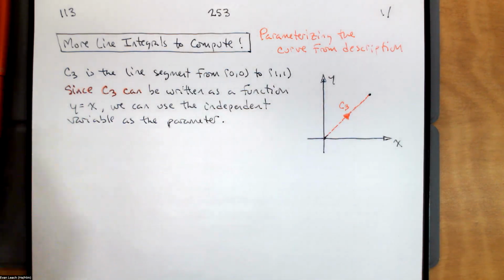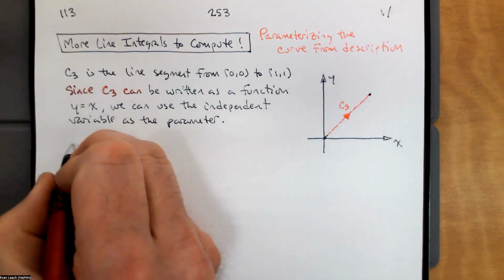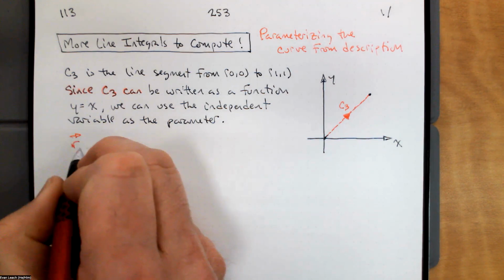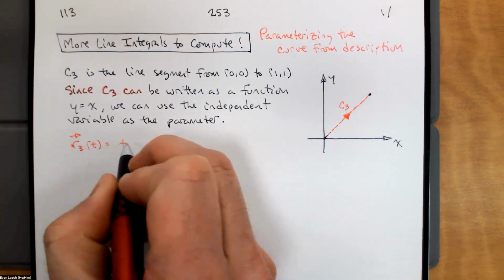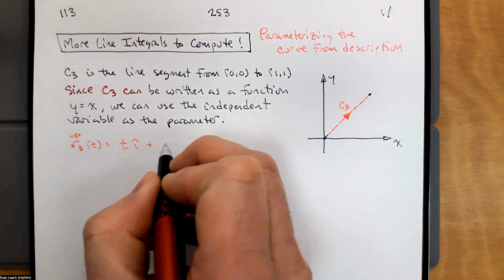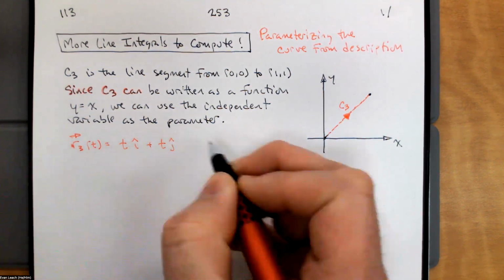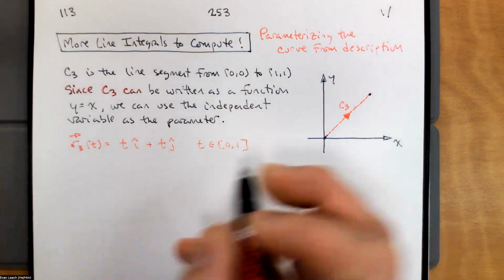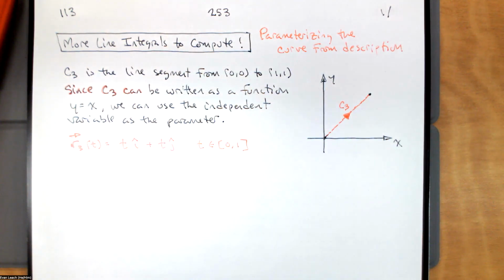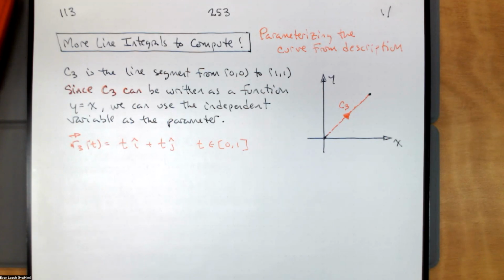So our parameterization, let's call it r3 of t, will just be t i plus t j for t between 0 and 1. This is just what we did yesterday when we had y equals x squared. We just made x equal to t, and we made y equal to t squared. We're using the independent variable as the parameter.